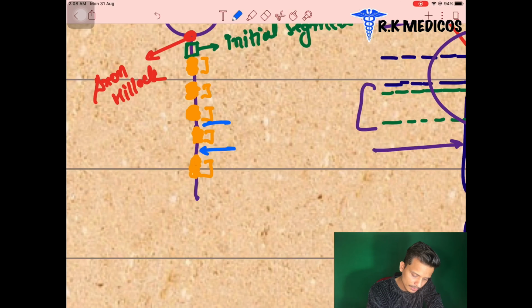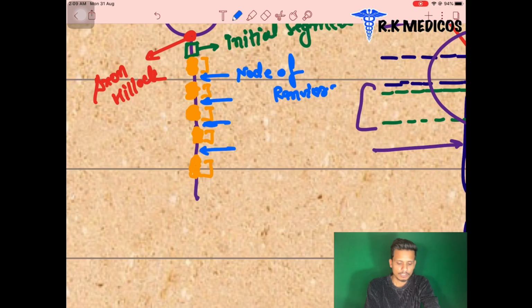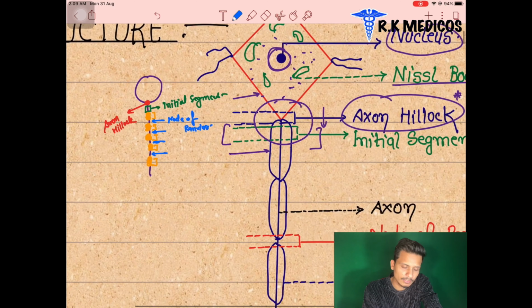These gaps are called the node of Ranvier. So the node of Ranvier is basically the gap between the two myelinated portions of the neuron. It is present in the central nervous system or the peripheral nervous system, in the neurons only, and these are the myelinated portions of the neuron.